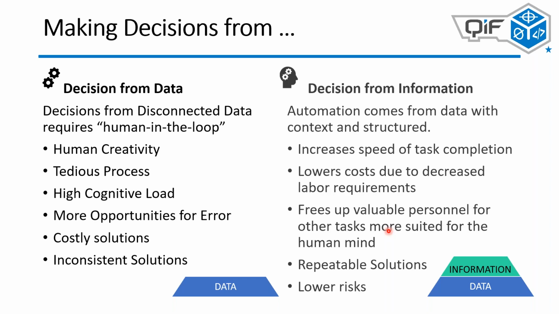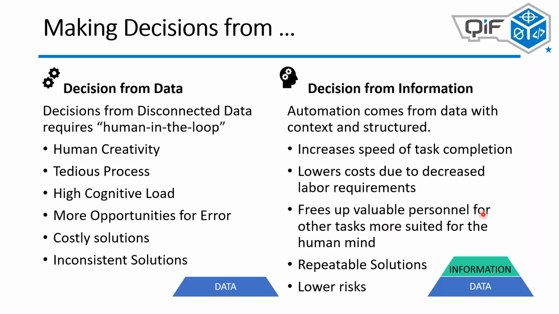Whereas if you can make decisions on structured data or information, now you have opportunities to insert automation or provide that information in a manner that the human can interpret quicker. You can have increased speed in making those decisions, and therefore the costs are reduced.